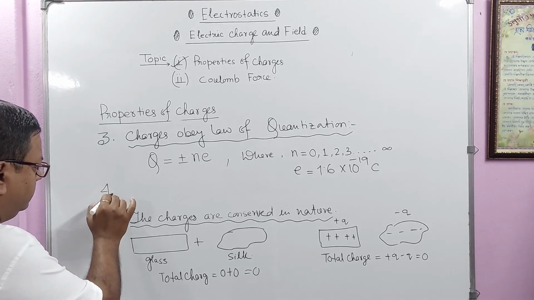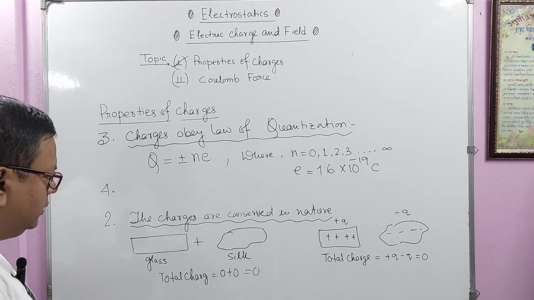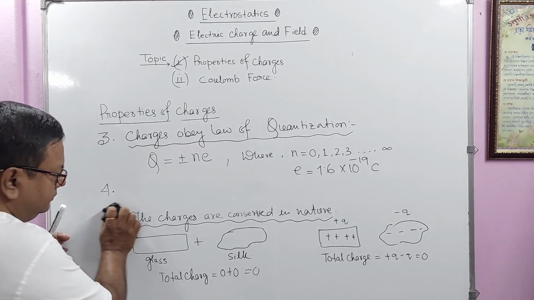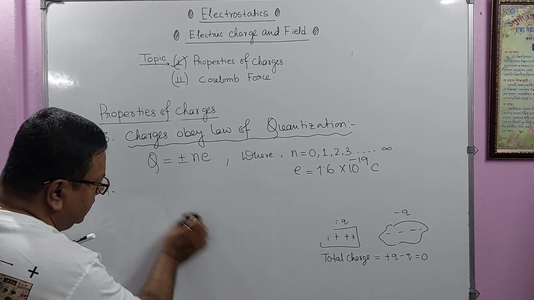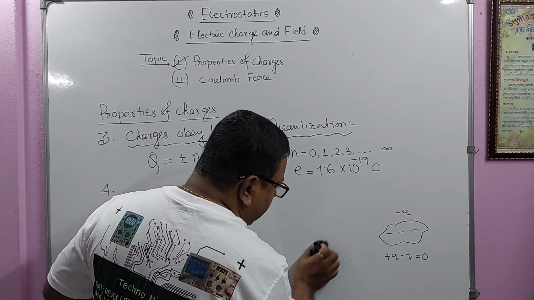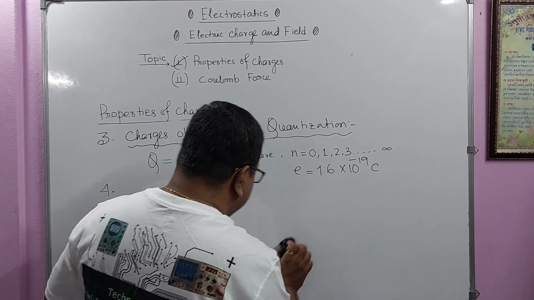Now the fourth one tells: like charges repel each other and unlike charges attract each other.